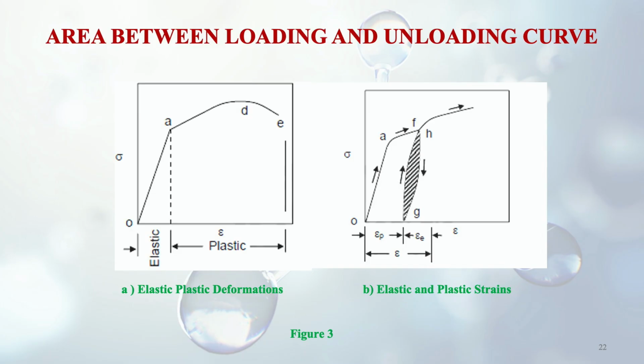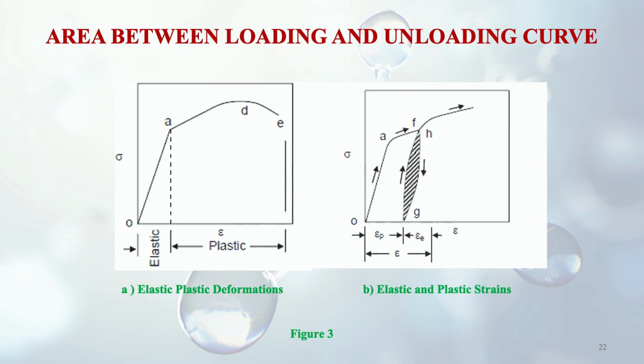In figure B, you can see elastic and plastic strains. Here the original yield point, or the end of the limit of proportionality or elastic limit, is point A. If we do initial loading even after point A, it will go up to a point H. When we start unloading from here, it will follow a certain curve and come down to the point G. But a residual strain remains in this case, given here as epsilon p.